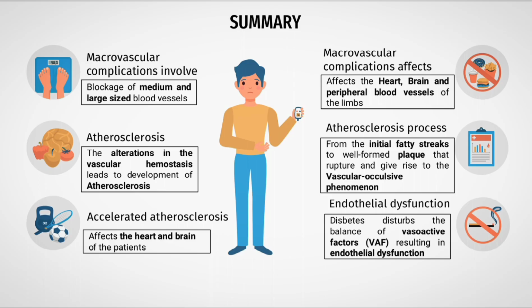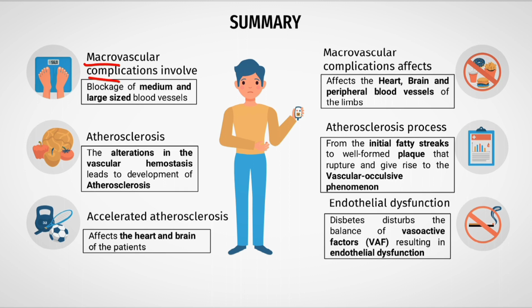To summarize this presentation, the macrovascular complications are due to the blockage of medium and large sized blood vessels. This blockage usually affects the heart, brain and peripheral blood vessels of the limbs, and atherosclerosis is the main phenomenon behind these macrovascular diseases, which causes alteration in vascular homeostasis.